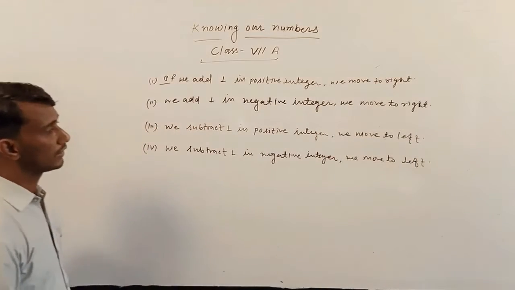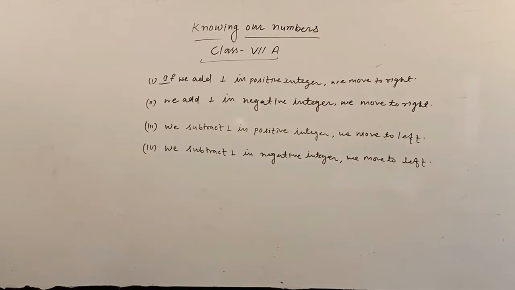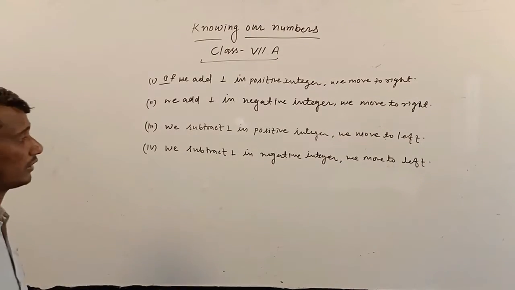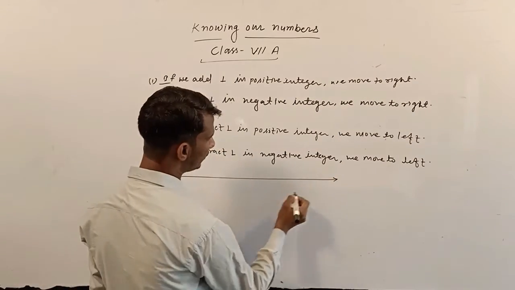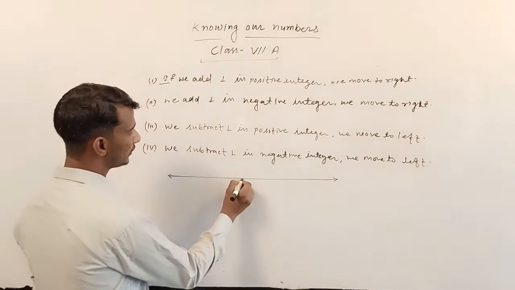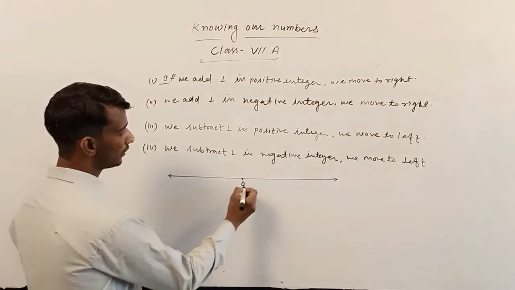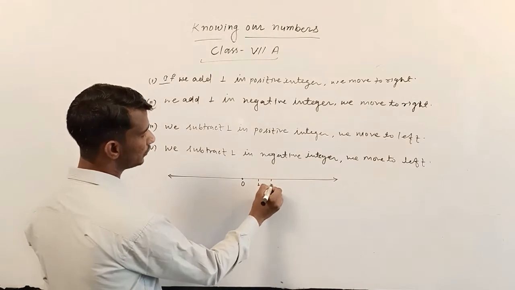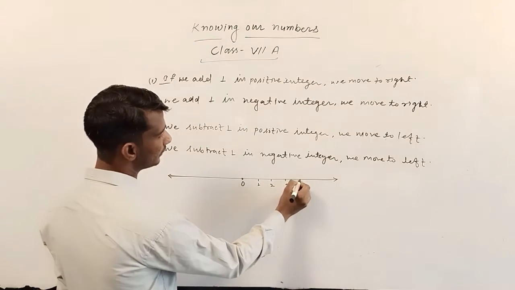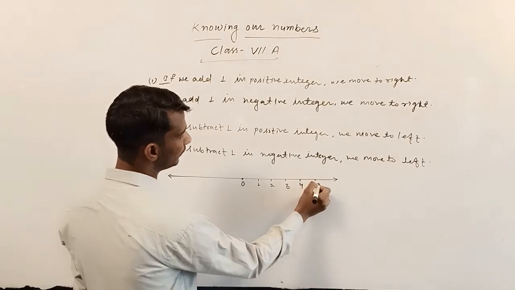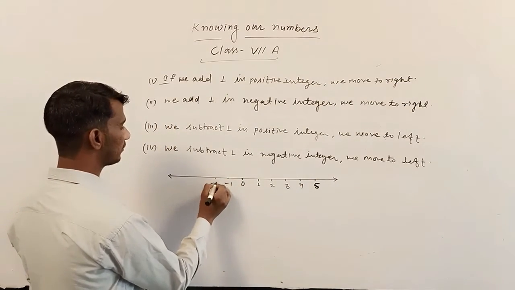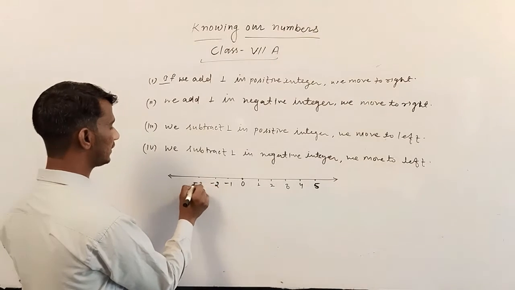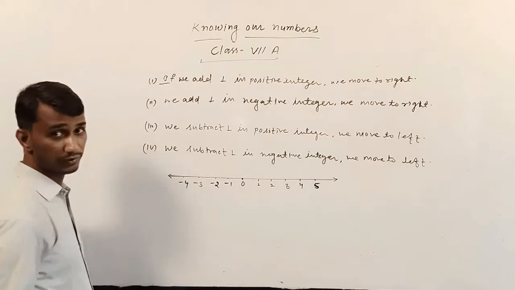Okay. Check again. Taking one example here, suppose we have drawn a number line here: 0, 1, 2, 3, 4, 5, minus 1, minus 2, minus 3, minus 4.